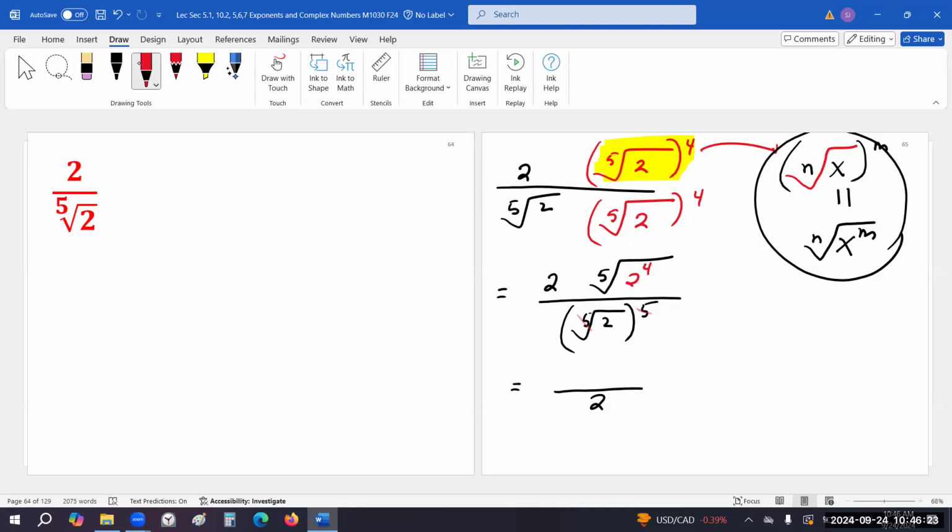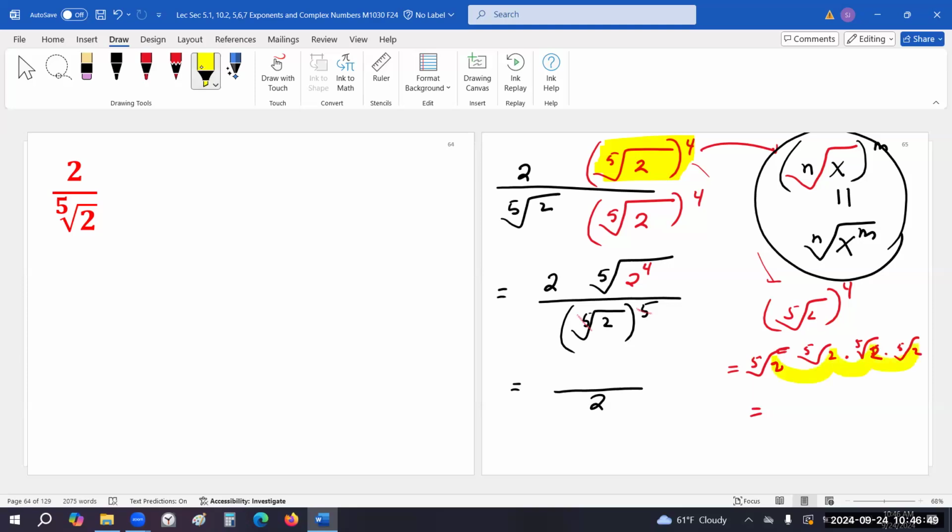Then multiply it 4 times. 5th root of 2 to the 4th power means 5th root of 2, 5th root of 2, 5th root of 2, 5th root of 2, right? You have the same thing 4 times. Now multiply all of their insides. What do you get?